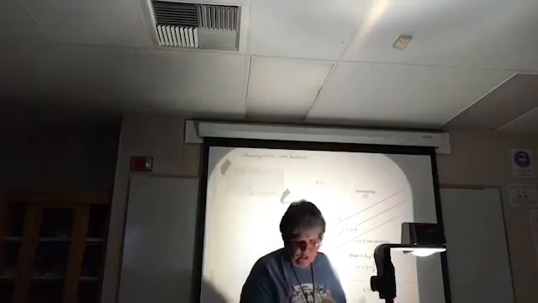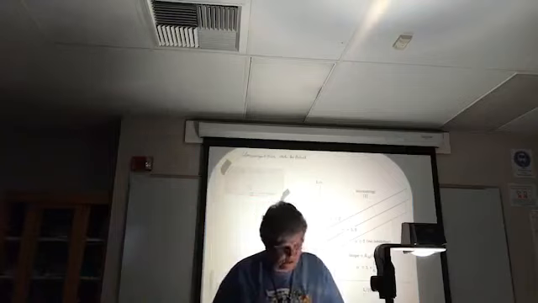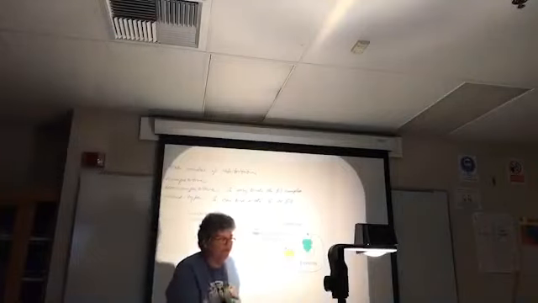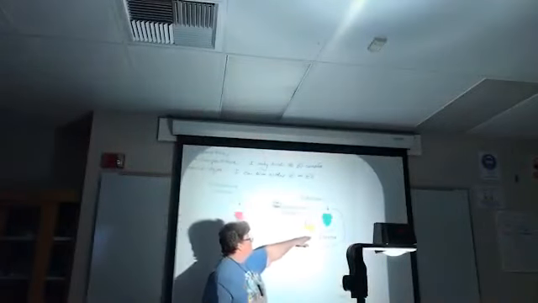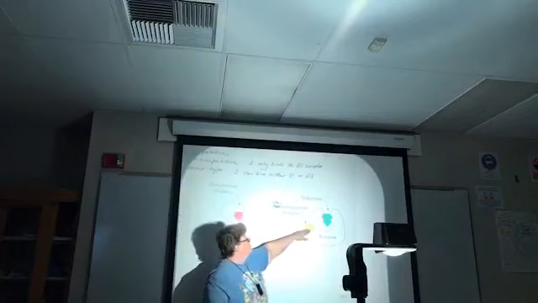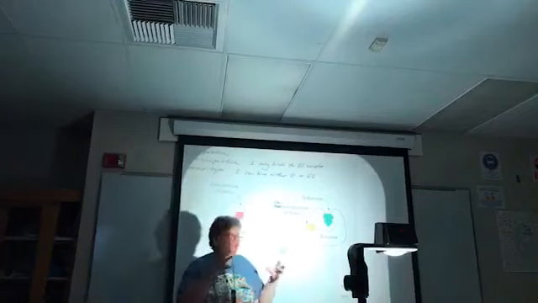If we're looking at our different types of inhibition right here, here we have an uncompetitive inhibitor. And in an uncompetitive inhibitor, remember I said that the inhibitor is only binding after the enzyme-substrate complex is formed.